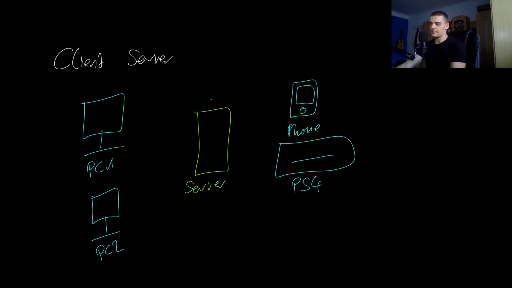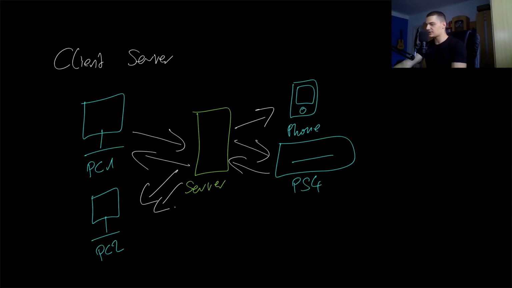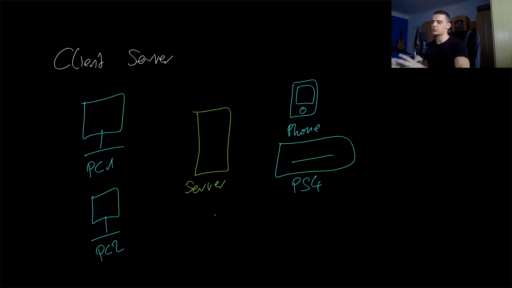And this server is managing all the actions. So for example, if this person in the game walks somewhere, everyone else needs to know as well. And then this person walks somewhere and everyone needs to know as well. So just a basic central entity that processes requests and gives us responses.